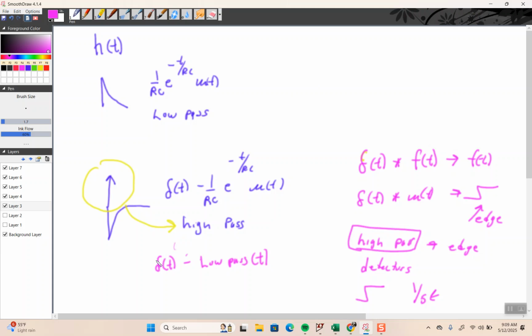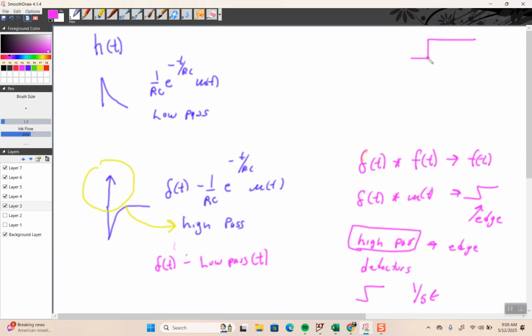If I just stay over here, I get the original step, and then I'm convolving the step with a low pass, which rounds things.